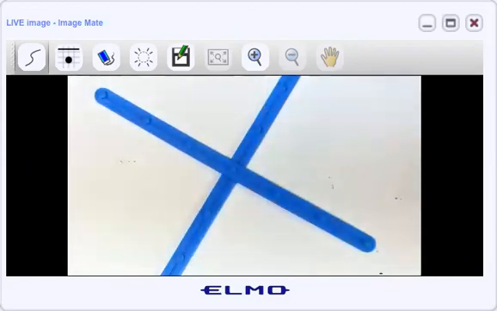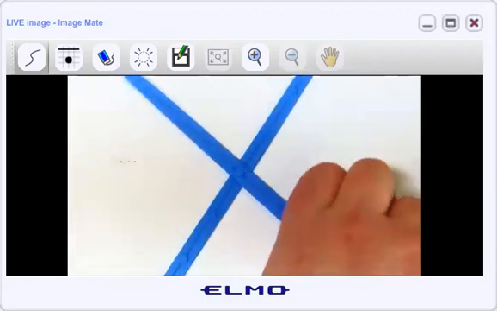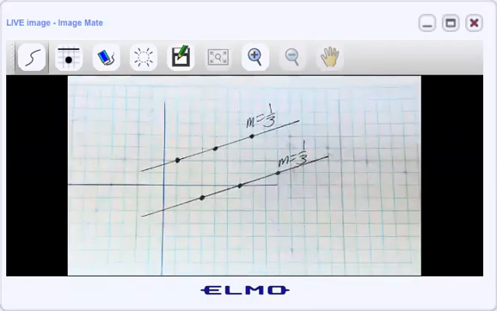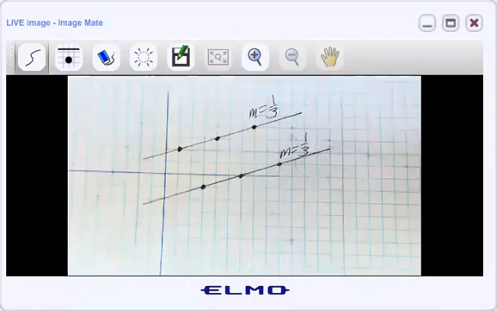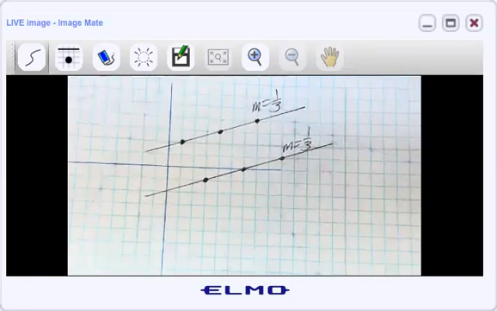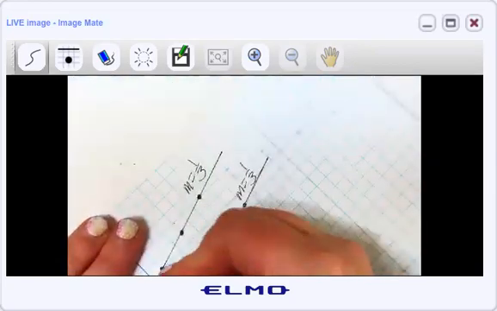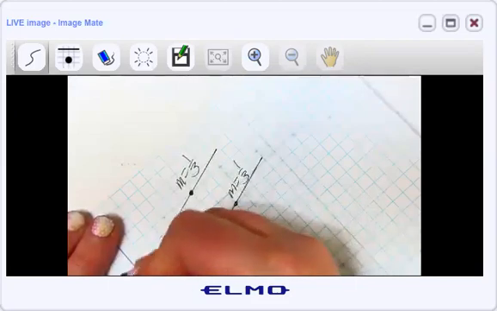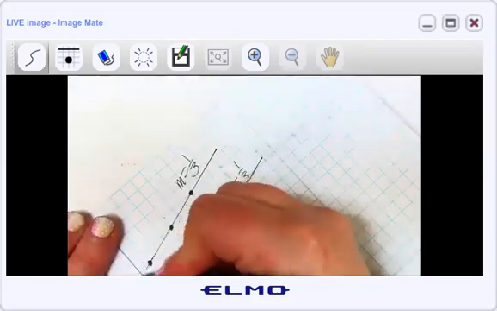Okay, that's perpendicular lines. So now what I'm going to do, I'm going to grab my graph paper from before. I'm going to erase one of these lines, and I'm going to draw a perpendicular line to it, and we're going to take a look at what happens with their slopes, okay? So let me just erase this top one. I love these erasable pens.